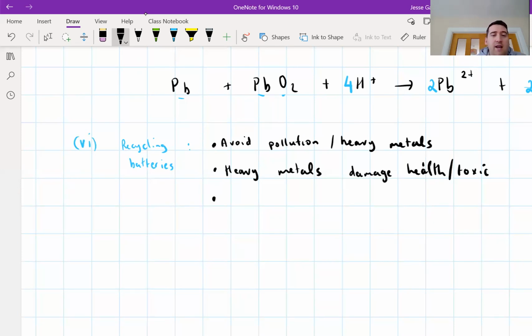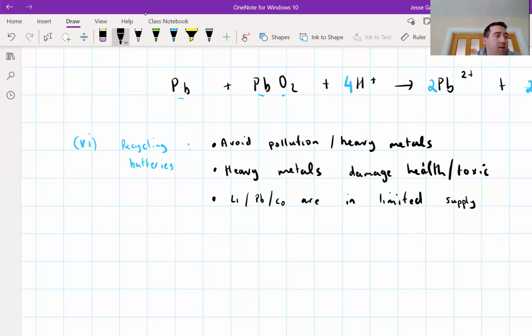Okay, so you could say metals, lithium, lead, cobalt, are in limited supply. So you don't want to always just throw everything out. If you can reuse the stuff that's in there instead of getting rid of it, limited supply, then it's more sustainable.